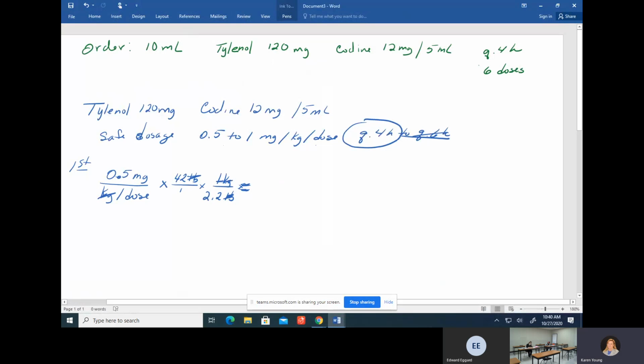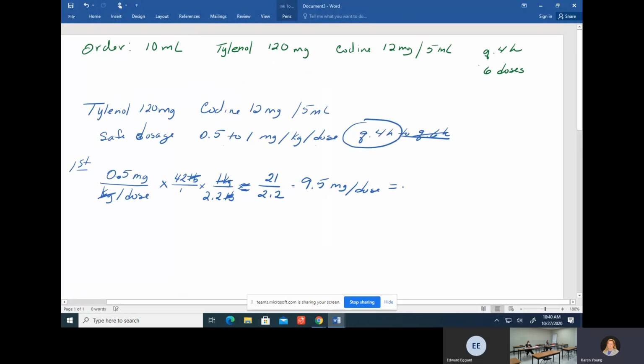So I have 0.5 times 42. That gives me 21 over the 2.2. And I get 9.5 milligrams per dose. Now, I didn't say this Thursday, but I'm going to say this today.